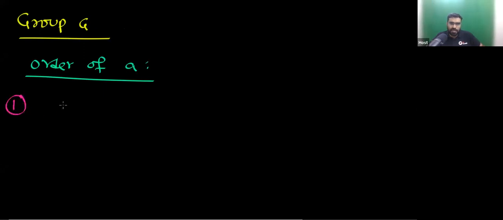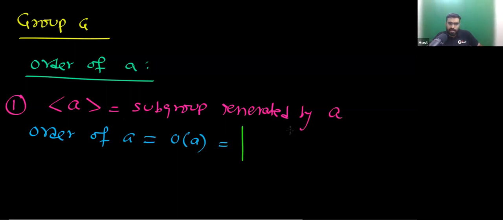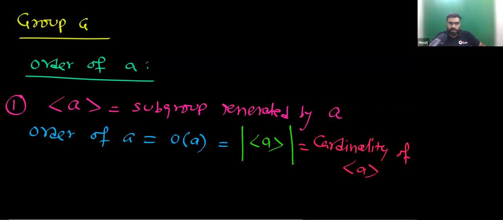One definition is the subgroup generated by A. You find the subgroup generated by A, and remember, the order of A will be equal to the size, the cardinality, of this subgroup generated by A. Very simple. That is your order.